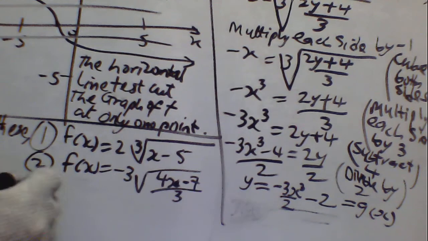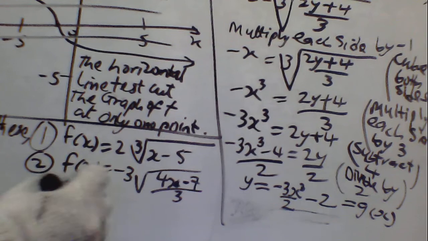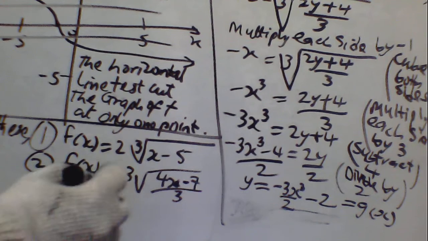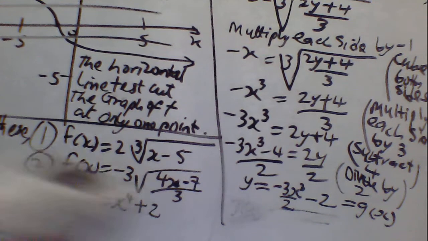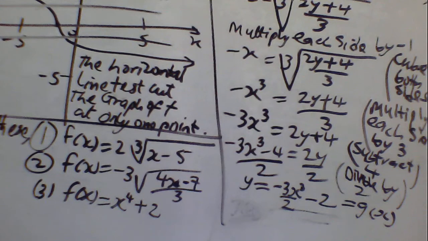And the last, f of x is equals to x raised to power 4 plus 2. So do these 3 to see if you understand how to determine the inverse of a function and find the inverse.